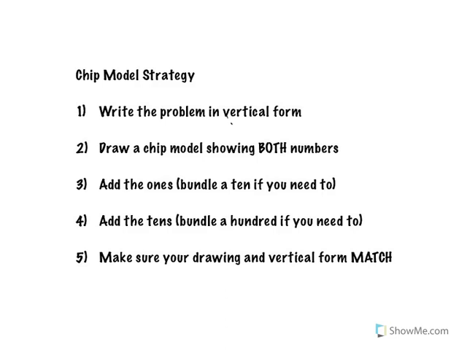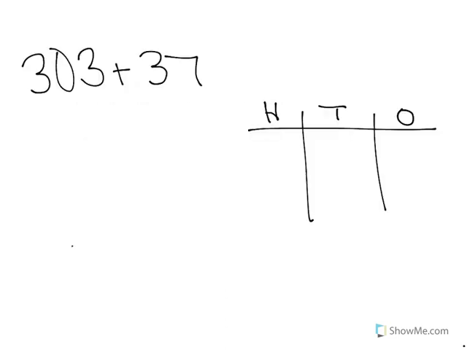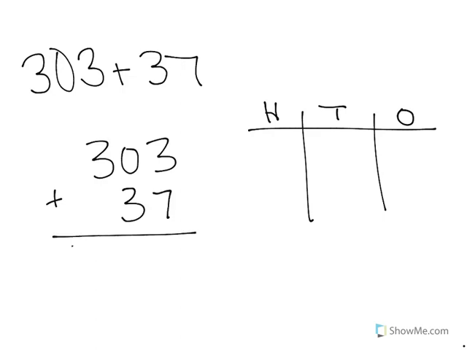All right, let's look at Miss Burtis's first example. So I see 303 plus 37. I know that my first step is to write in vertical form. So I'm going to do that right now. 303 plus 37. All right, I have vertical form. Now step 2 is to draw both numbers on my chip model.